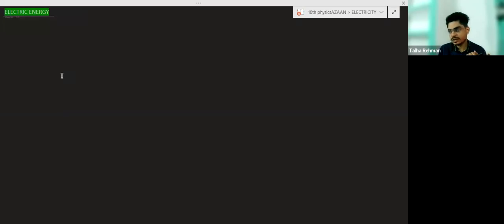For example, suppose there is a bulb, and that bulb is consuming 100-watt power. Now this bulb is glowing for 5 minutes.